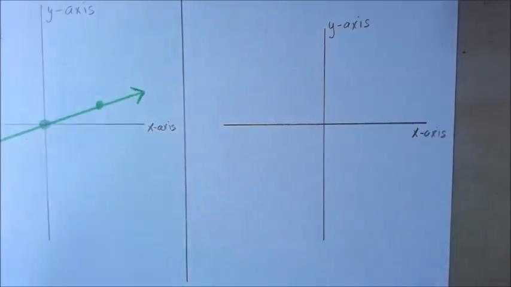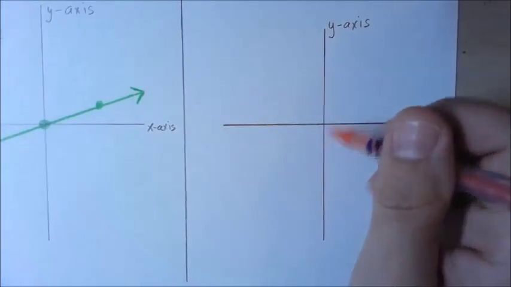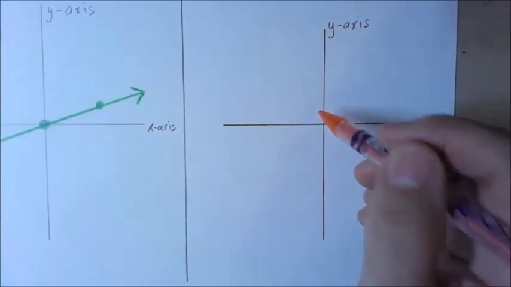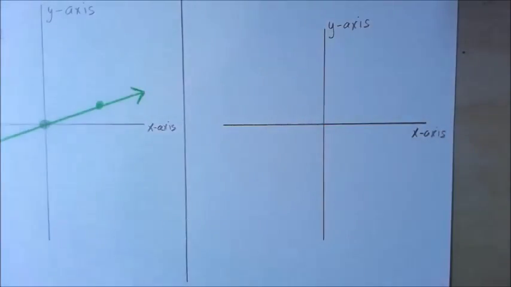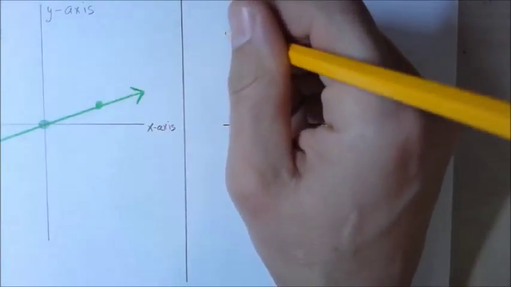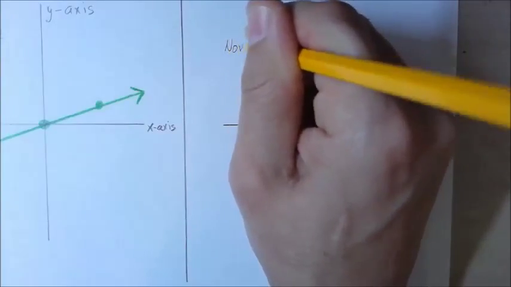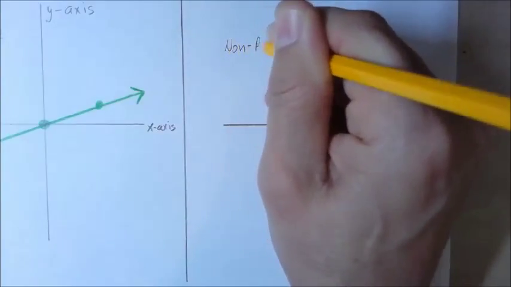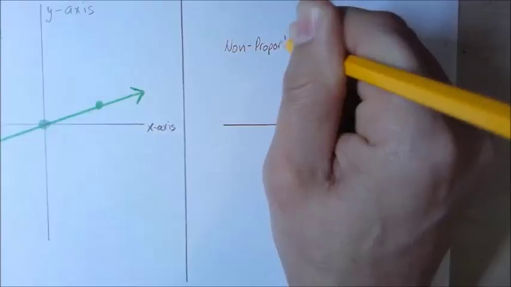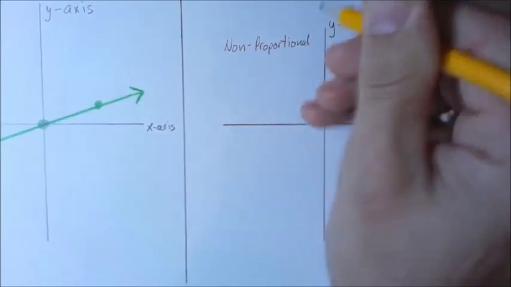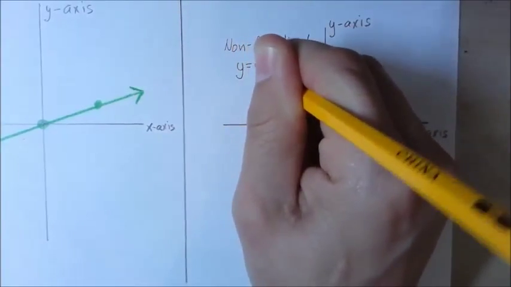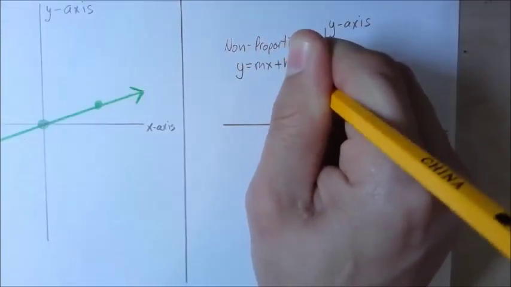Then I want you to pick a place for your y-intercept. Remember that on a non-proportional, because this is going to be our non-proportional, I guess at this point we should go ahead and write that on here. Let's put non-proportional, y is equal to mx plus b.